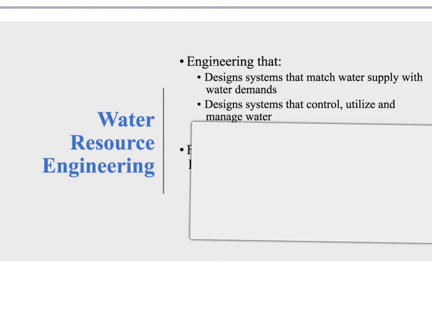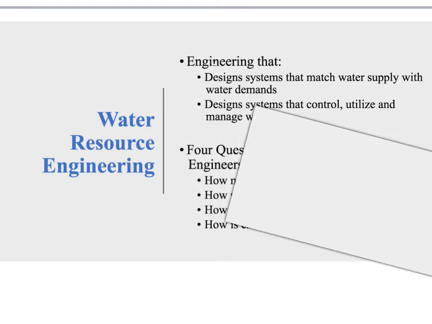What that means is that water resource engineers make sure that everybody who needs it has enough water when they need it, and that when it rains and snows or the snow melts, the water that is produced does not damage infrastructure and property.